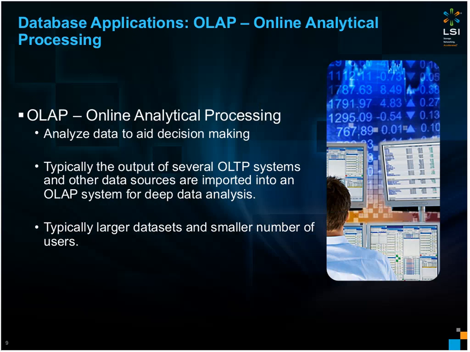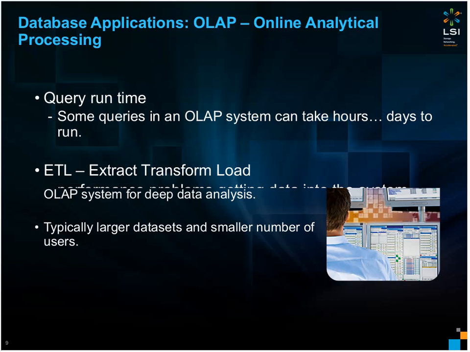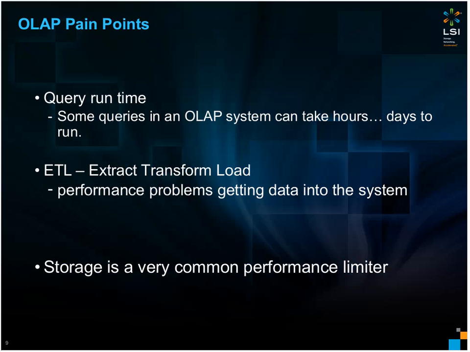You're going through and mining it and abstracting the business intelligence you need to remain competitive and to get all of your critical information understood so that you can make changes to your products, make changes to your inventories, make changes to your locations in order to remain competitive. So these typical larger data sets have a smaller number of users, but the pain points are basically the same.